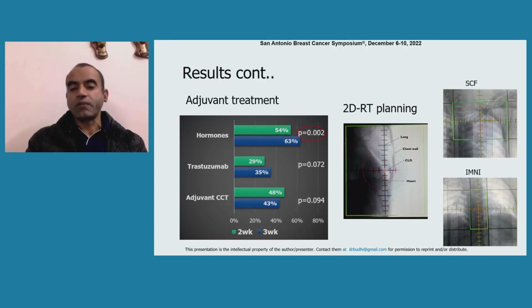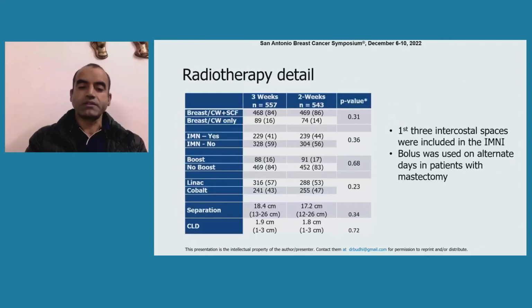For internal mammary node irradiation, we included the upper 3 intercostal spaces, and those were prescribed at 3 centimeters. And the dose for the internal mammary node irradiation was similar in each arm: 34 gray in 10 fractions over 2 weeks, or 40 gray in 15 fractions over 3 weeks.